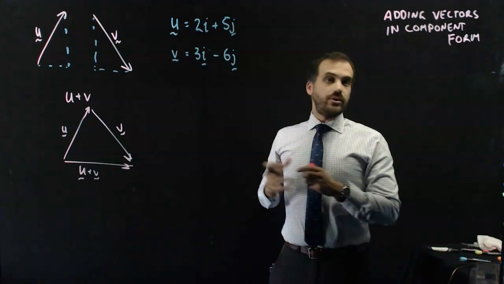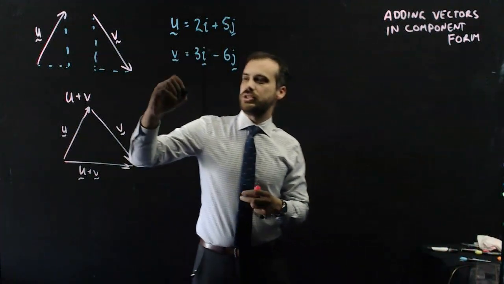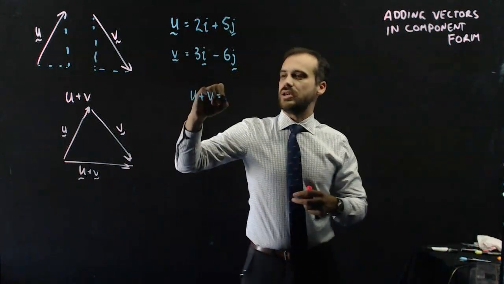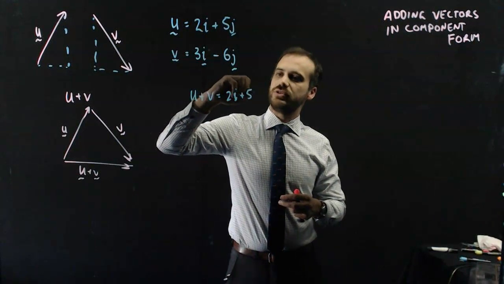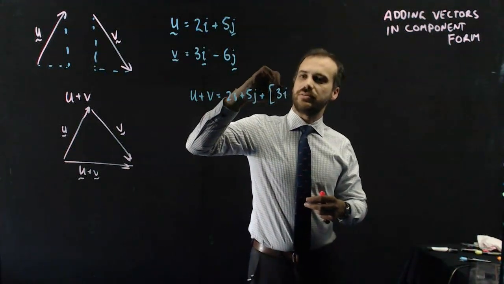Okay, now, to add them in component form is really, really simple. We just say that u plus v equals 2i plus 5j plus 3i minus 6j.